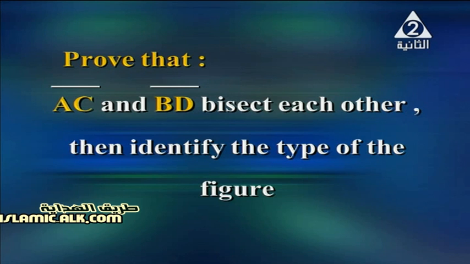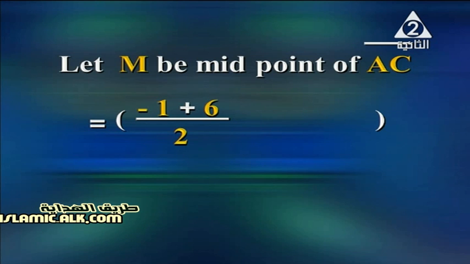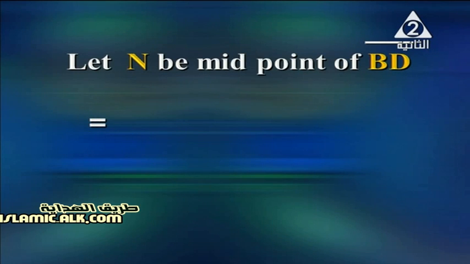At the very beginning, we are going to let M be the midpoint of AC and try to find the coordinates of the point M from the points A and C. So M equals (-1 + 6)/2 and (-1 + 0)/2, to obtain a result as (5/2, -1/2). This is M from the 2 points A and C. Then let N be the midpoint of BD.